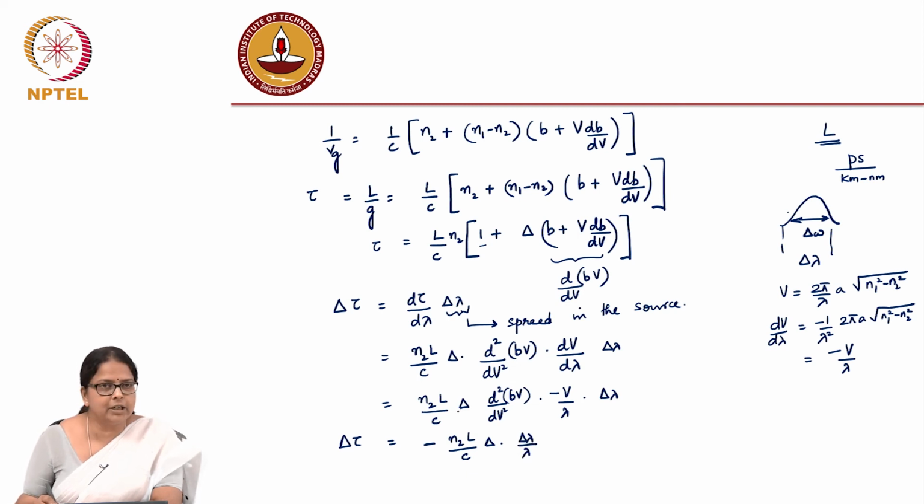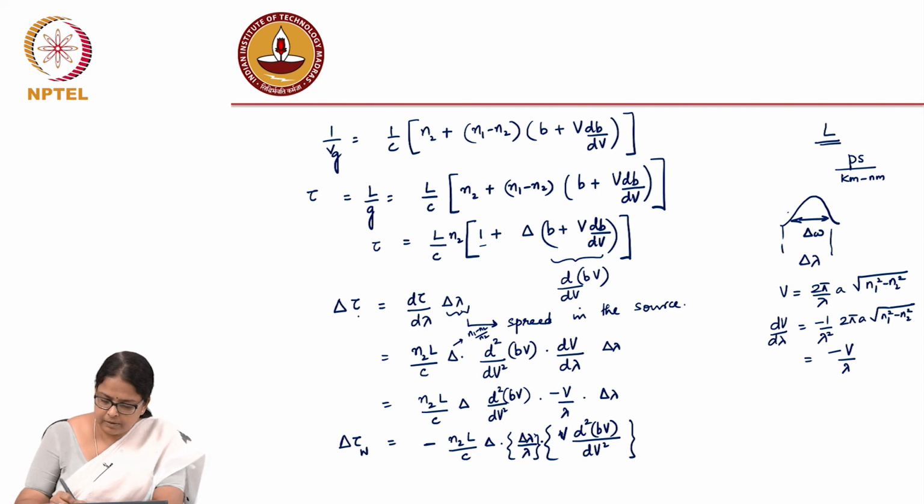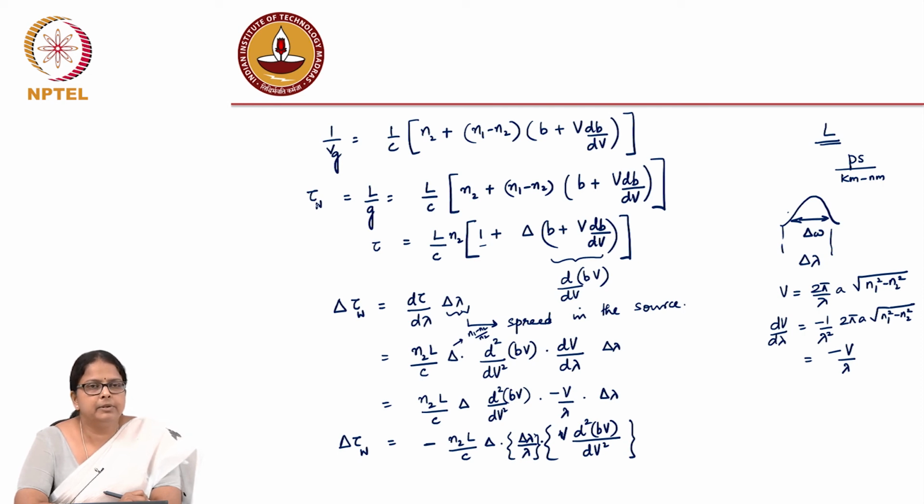Remember, this delta represents N1 minus N2 divided by N2 for me. Delta lambda by lambda, and what else is there? V times d square bV by dV square. This is because of the waveguide dispersion, putting a subscript w to indicate that this is only because of the waveguide dispersion.